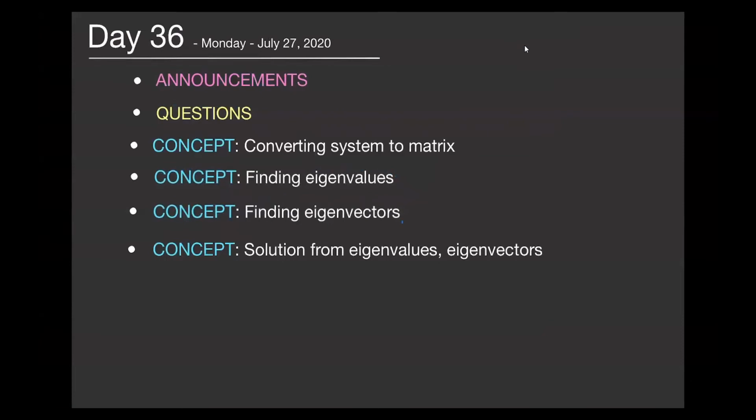We'll maybe do an example or two of those, look at converting the system to a matrix, all these setup things, and then we'll look at how you actually find the solutions once you convert a system to a matrix, find the eigenvalues and eigenvectors, and then assemble it all together. The assembly at the end is not very hard. This is where all the work is. All right, with that, let's open up to questions you guys have.